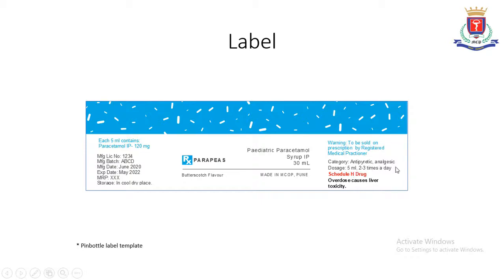You have to mention the category, that is antipyretic and analgesic. Dose is very important. You have to mention the dose, that is 5 ml 2 to 3 times a day. And since paracetamol, if used continuously for a long period of time, may cause liver toxicity, you have to mention that overdose causes liver toxicity.